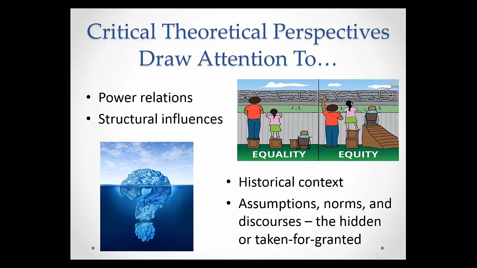So critical theoretical perspectives shift our focus to help unearth some of these assumptions, norms, and discourses. An example of this might be the prevailing notions of what it means to be able-bodied or able-minded, and how these notions shape, whether consciously or unconsciously, how we practice, what interventions we choose, and outcomes we choose for our clients and our families.